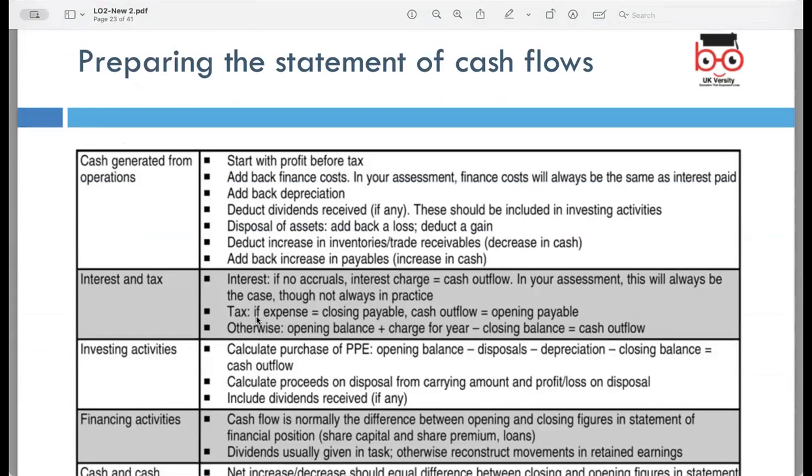Changes in working capital items like inventories and receivables are also factored in. Investing activities calculates cash flow from investing activities, including purchases and sales of property, plant, and equipment, net of depreciation and disposals. Financing activities determines cash flows from financing activities based on changes in share capital, dividends paid, and loans.